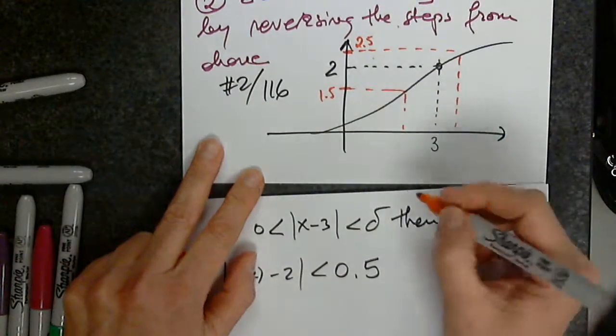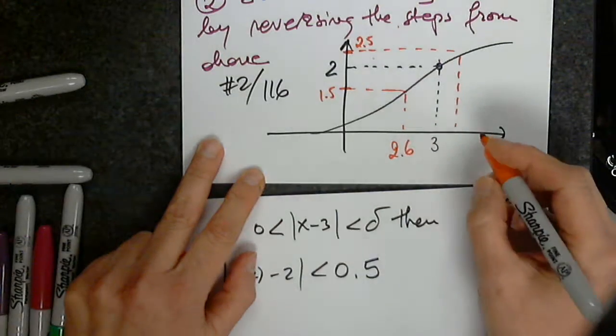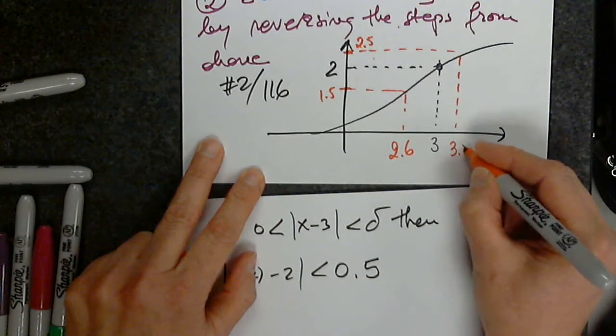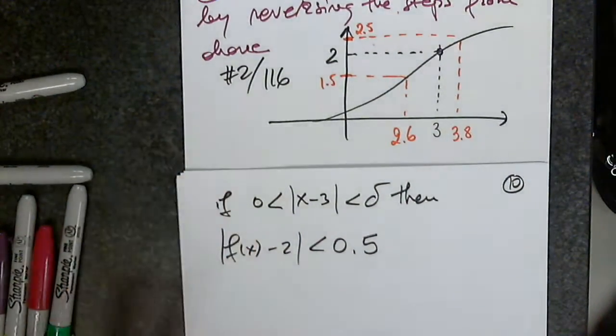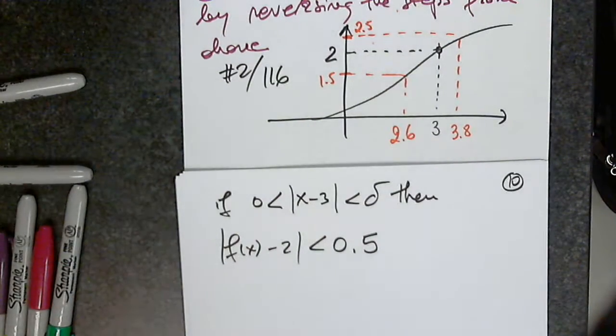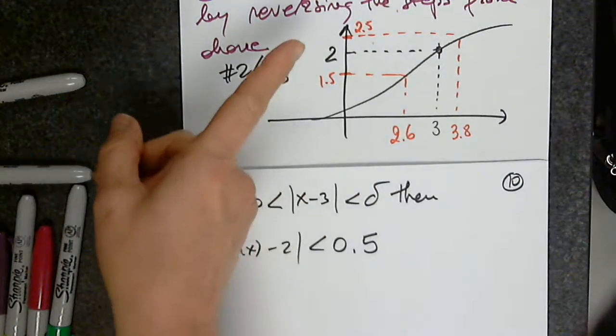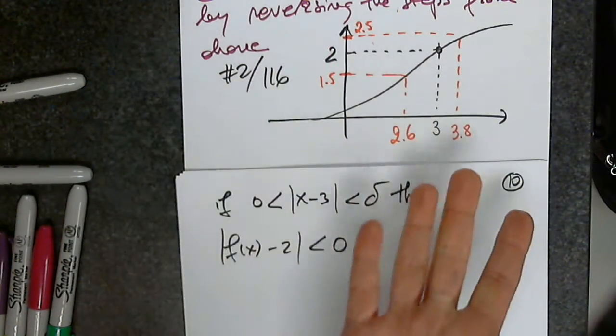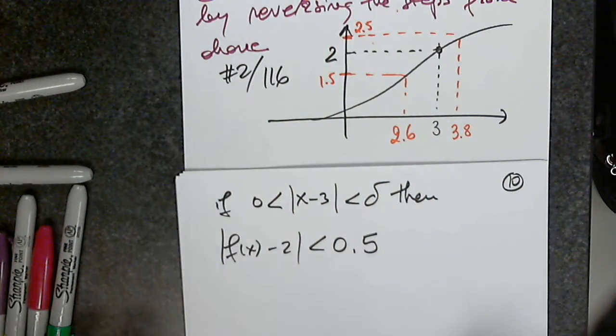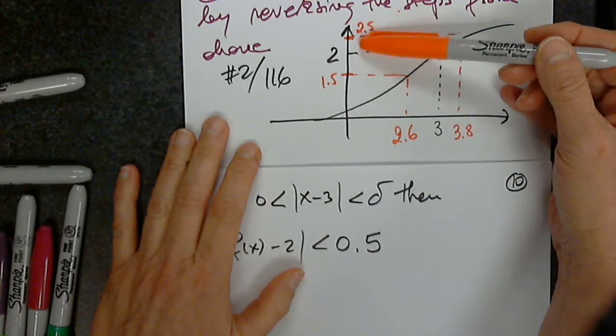And we are given 2.6, and we are given 3.8. We're not given the function, but we're given the graph, and we are given those points. So what is the limit as x approaches 3 from either side? 2. Very good. And epsilon is 0.5.